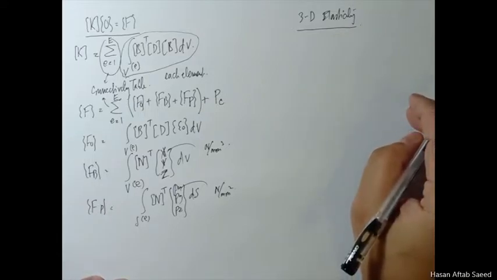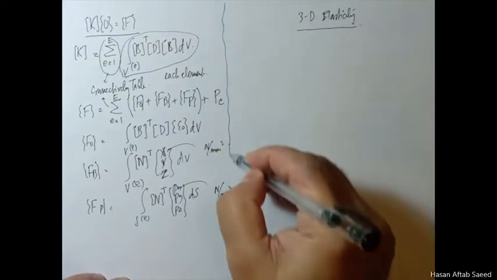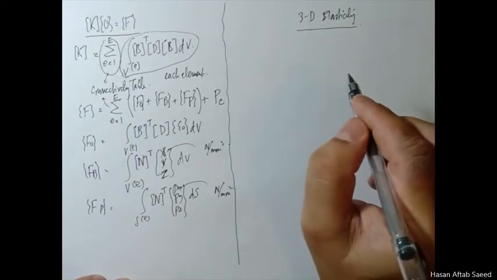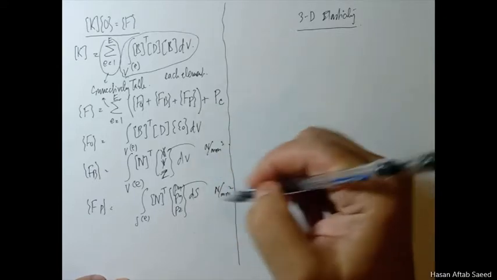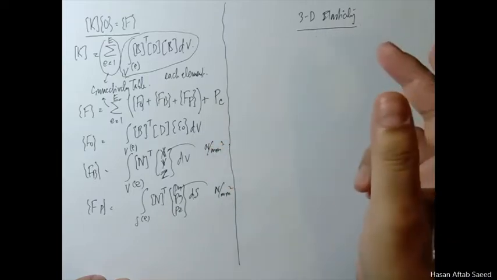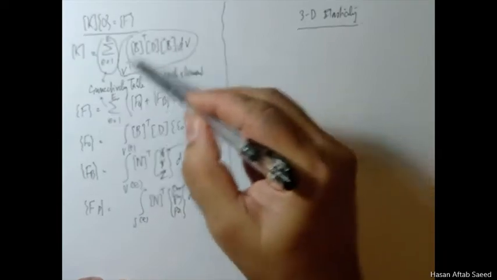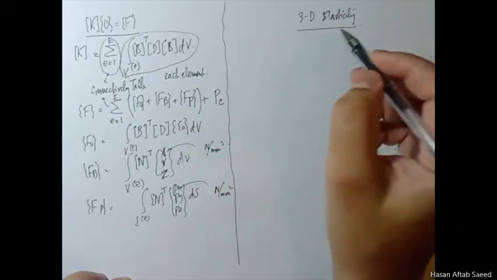Some of these things we have already covered, and you will notice that in many cases we'll just be extending our treatment of 2D problems to 3D problems, but obviously we are doing it from the start using these expressions and then reaching our conclusions, although we may skip some steps.